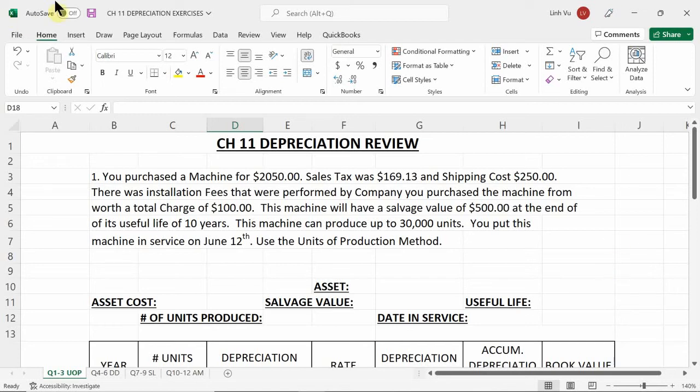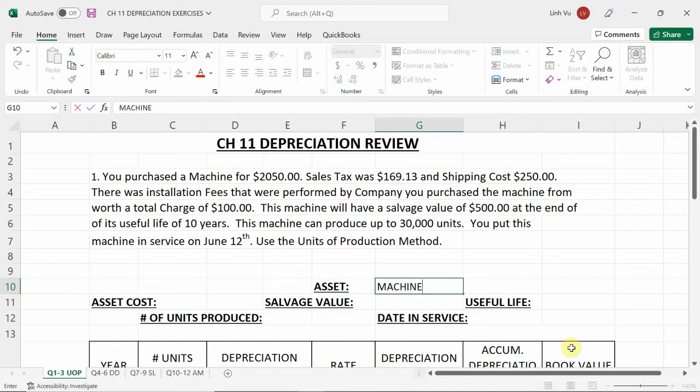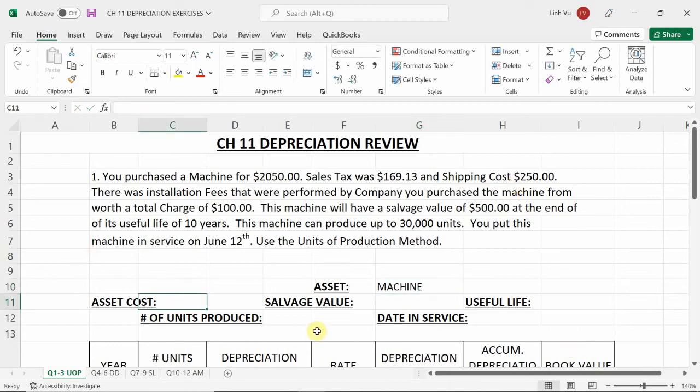All right. So, what did I buy? A machine. Can you tell me what the asset cost is? Would it be 2569.13? Let's see.